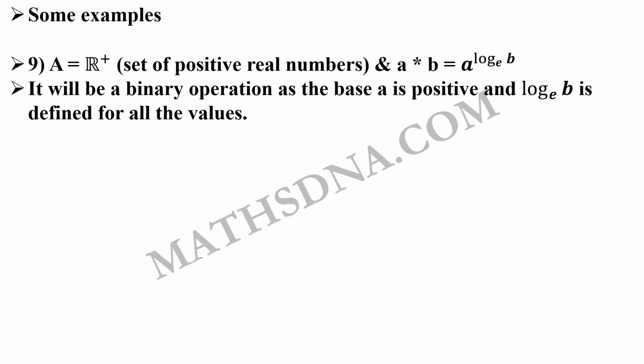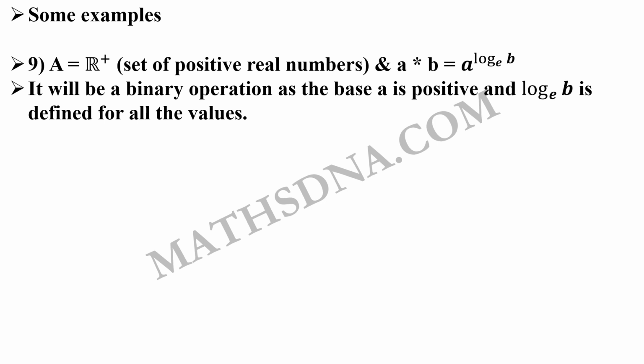If A was given to us as real numbers, then this will not be a binary operation because log of negative numbers is not defined. But here the elements are R plus, positive real numbers. So log b will be defined for all the values, and thus A raised to any number will be again a real positive number.